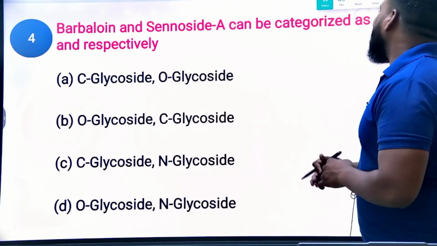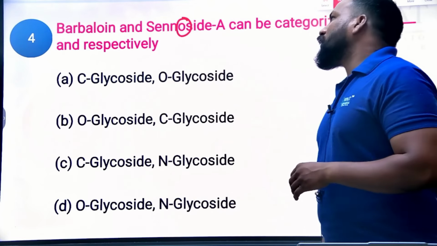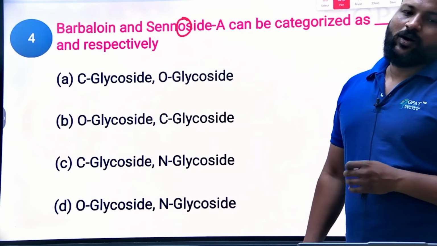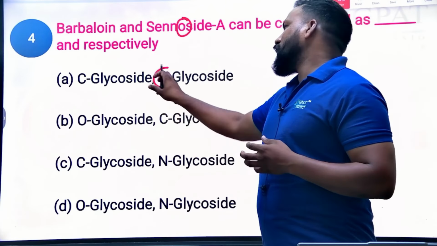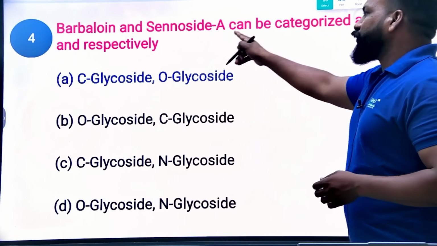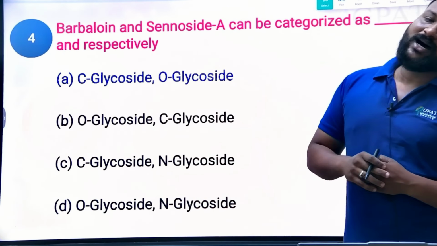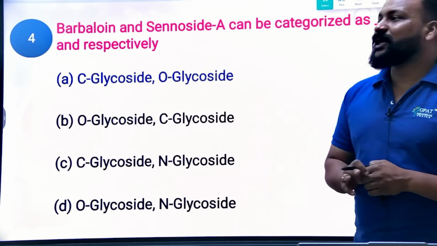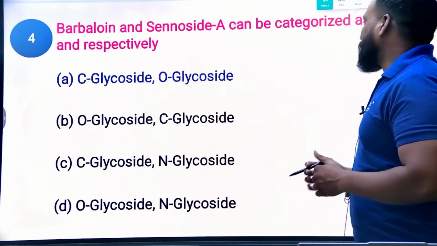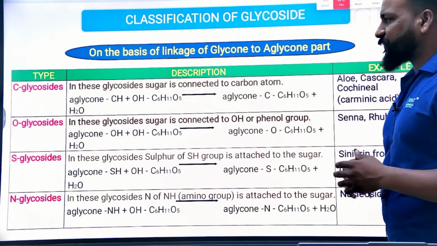I'll tell you one thing: sennosides are O glycosides, so look for the option with O for sennosides. We know very well that O glycosides are the best example for senna. Based on the glycoside linkage, we have classified them into four types.